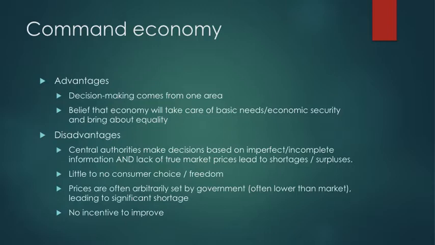But really the main problem, and this is something that has been explored most notably by Ludwig von Mises about 70 or 80 years ago, is that there's a calculation problem.